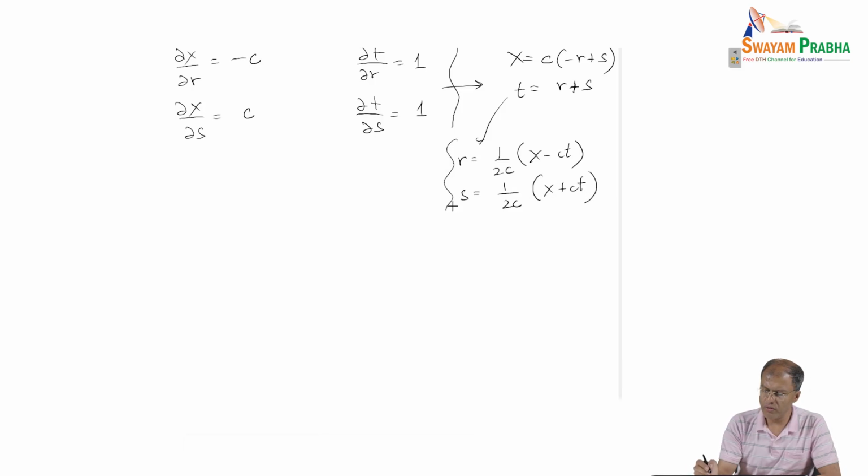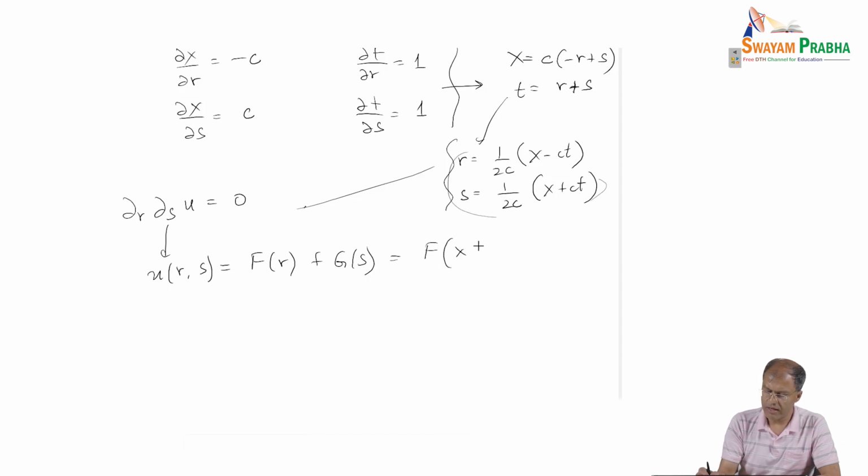So we have found the variables with which we are differentiating, and our original wave equation is now partial r partial s of u equal to 0. So the solution is of the form u of r comma s equals f of r plus g of s. Now r and s are already known, so this is f of x minus ct plus g of x plus ct.